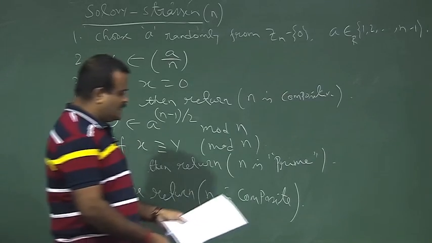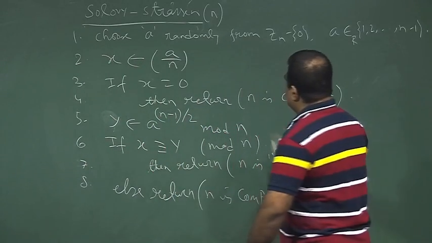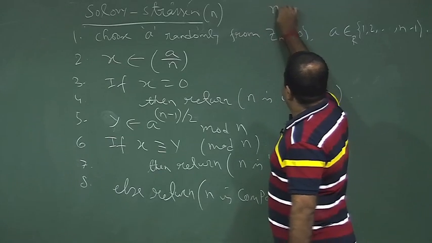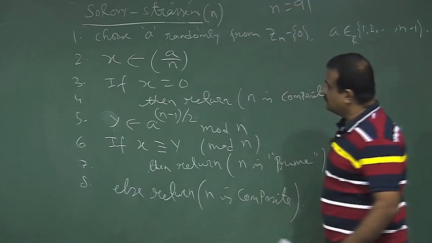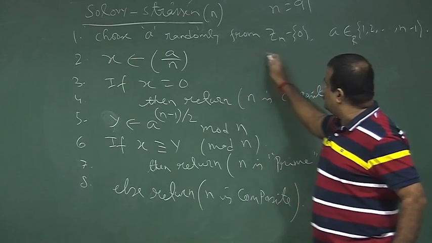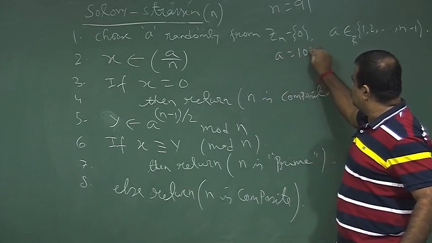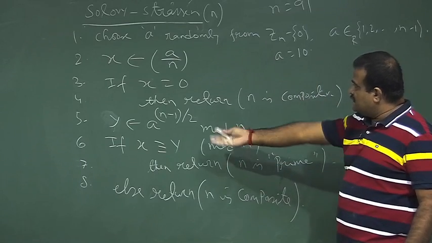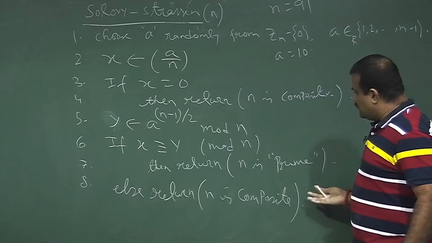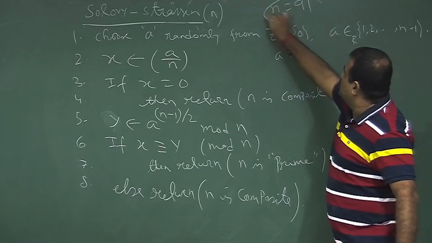Like if we choose that 91 earlier example, if we test by this algorithm n is equal to 91, and if it happens that our random choice of a is say 10, then we have seen that these two are the same, and this algorithm is returning that 91 is prime, which is not.